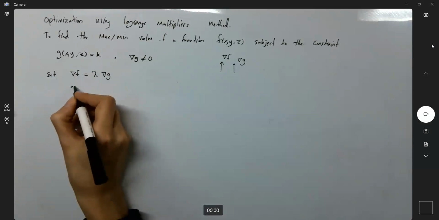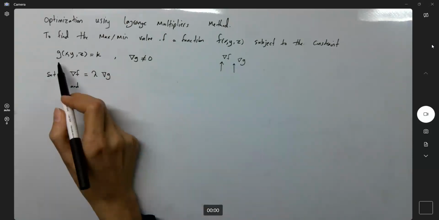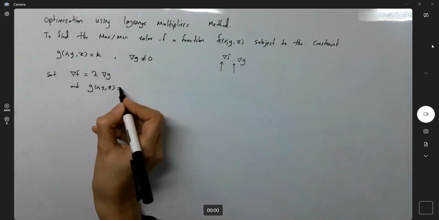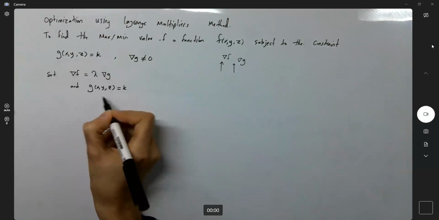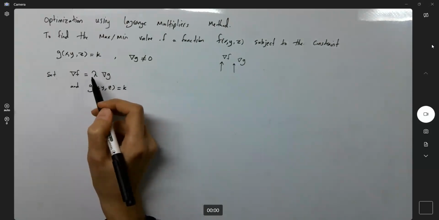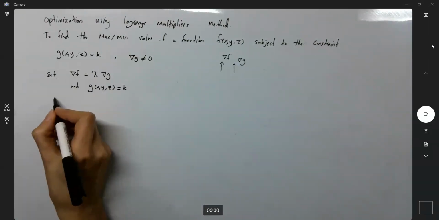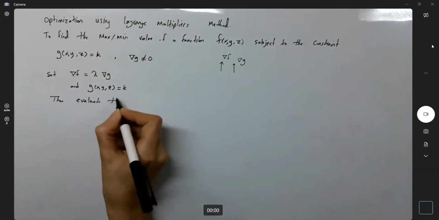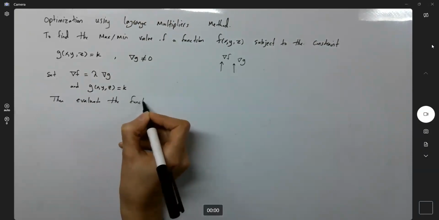And also note that you have a constraint. It means that g of x, y, and z is equal to k. We're going to use this equation later to help us solve for x, y, and lambda. Then evaluate f.